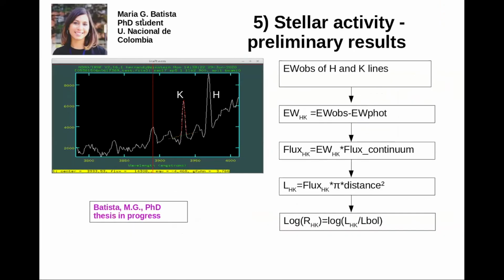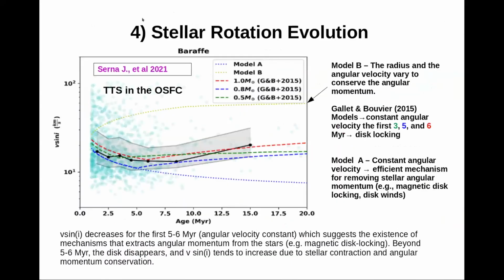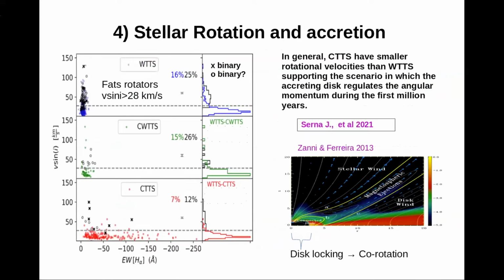If you just compute the ratio of WTTS over CTTS, would you see variations from one population to another?